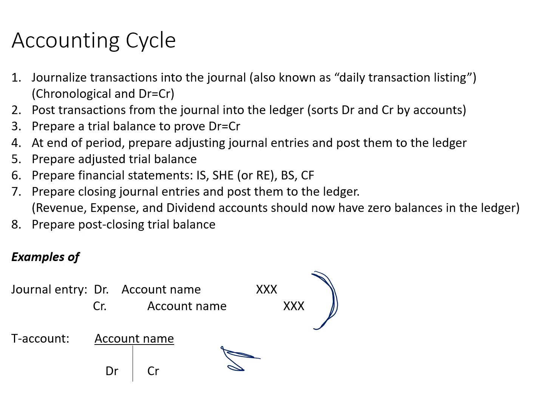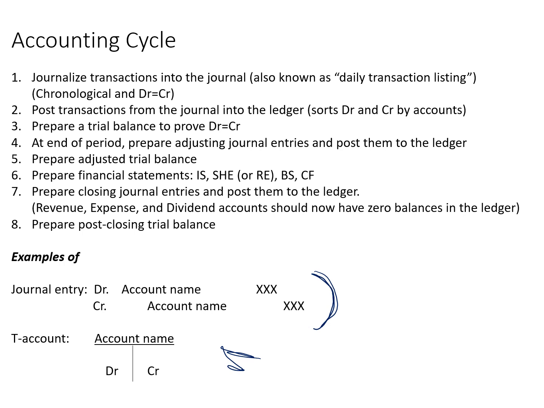Now at the end of the period, because you've been doing all these daily transactions, you really need to look over those transactions and say, has anything else happened this period that I have not yet journalized or recognized in transactions?